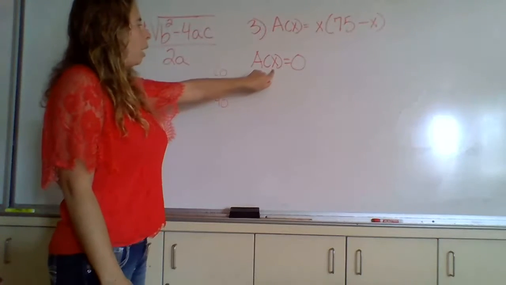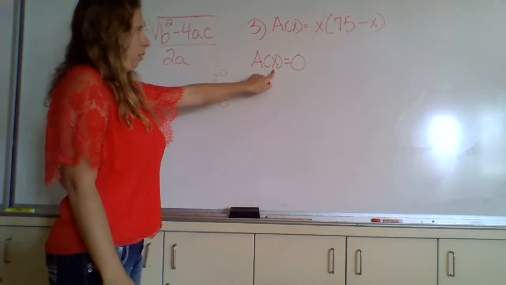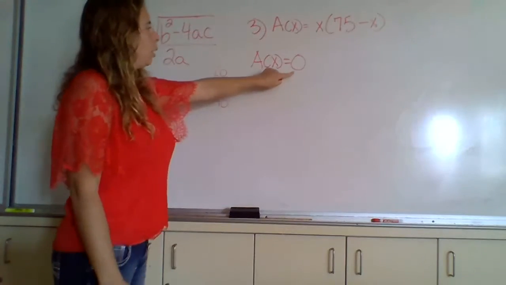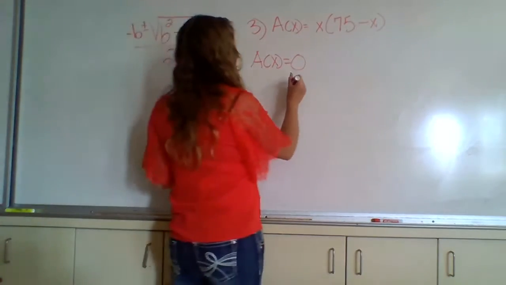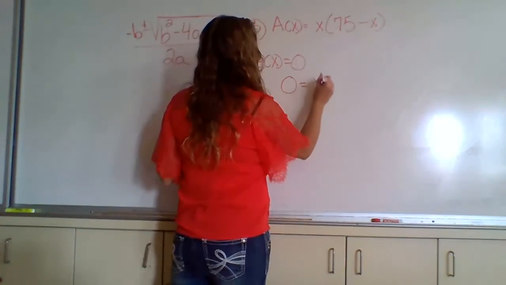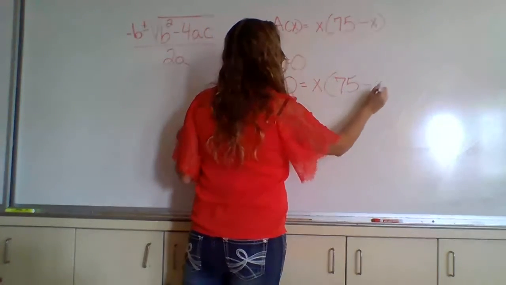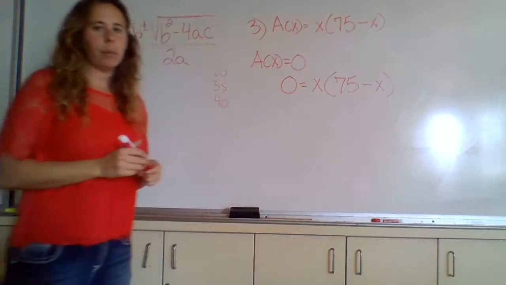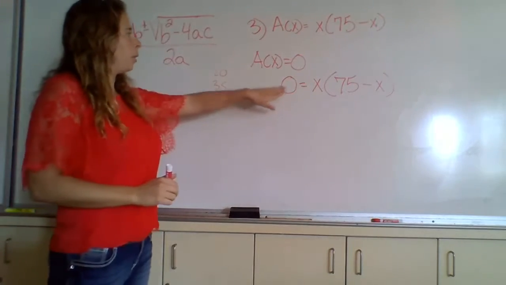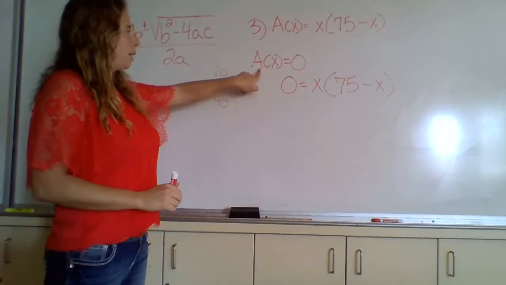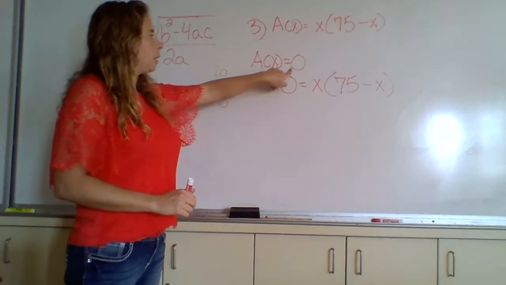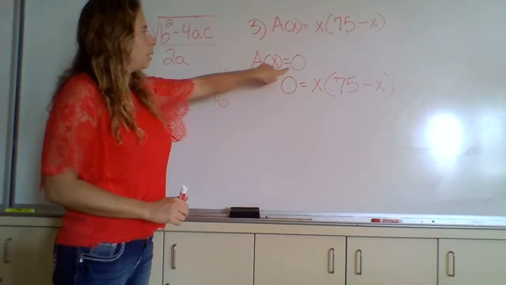Now you do not know what x is. You need to find it. So you're going to substitute 0 in for A of x. So this is 0 equals x times 75 minus x. All I did was substitute 0 in for A of x, because they tell me that A of x equals 0.